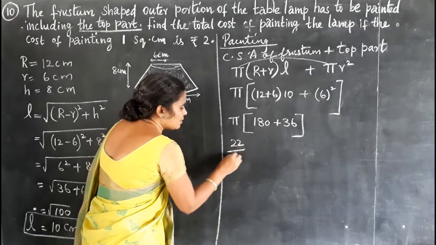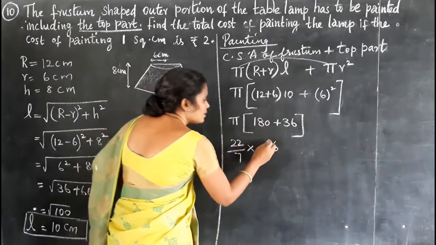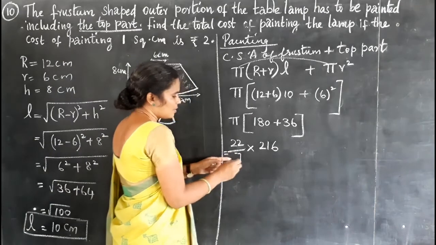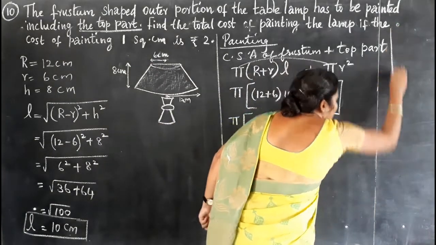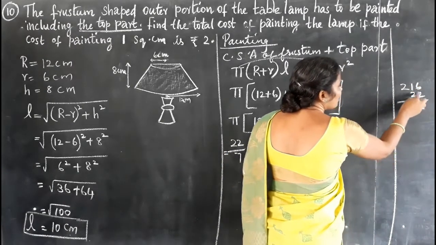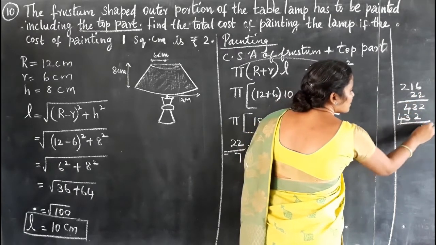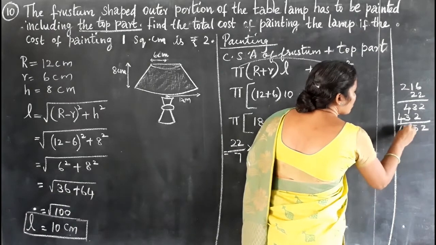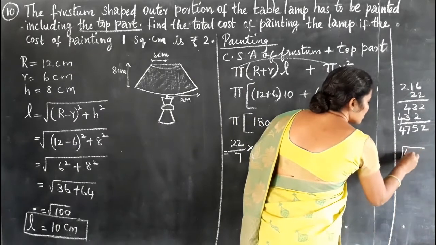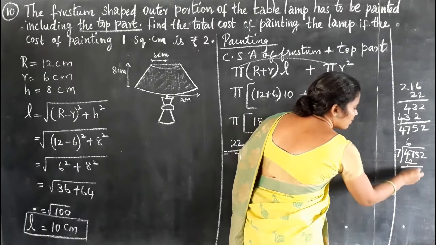So 22 by 7 into 216. Now we can multiply and divide. 216 into 22 is 4752, divided by 7. 7 sixes are 42, remaining 5.